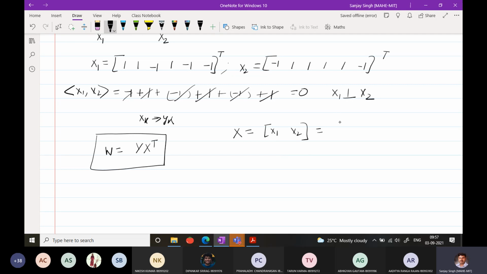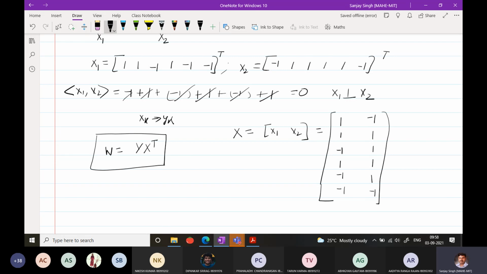So we write something of this form. We have 1, 1, minus 1, 1, minus 1, minus 1, that part. This one is minus 1. So 1, 1, 1, 1, minus 1. So this is my entire x, right?